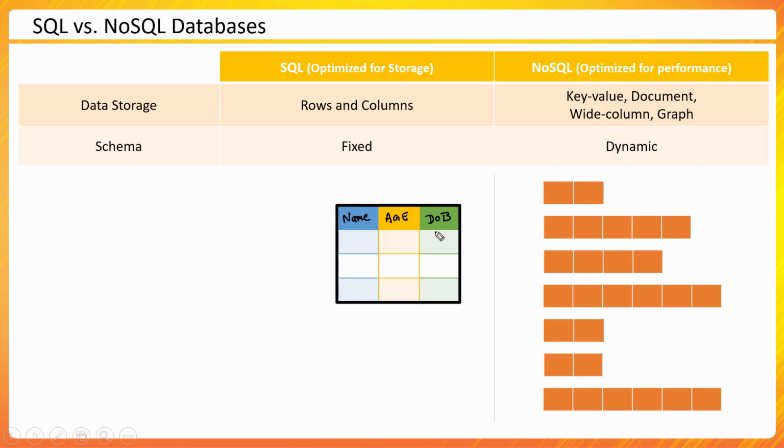This schema somebody has thought out initially, and that would be followed throughout the life cycle of the database. Schema design is an important aspect for SQL or relational databases because once you design and implement it, it becomes fixed, right? And let's say you have a person's value to be stored, say name is XYZ, but maybe you do not know their date of birth, so you can't keep it blank.